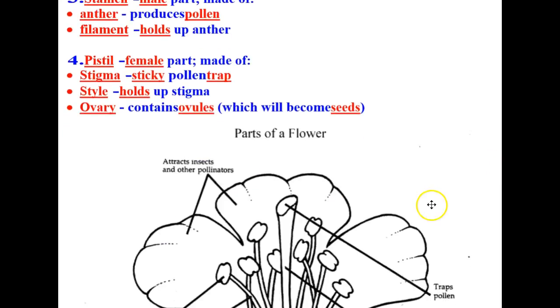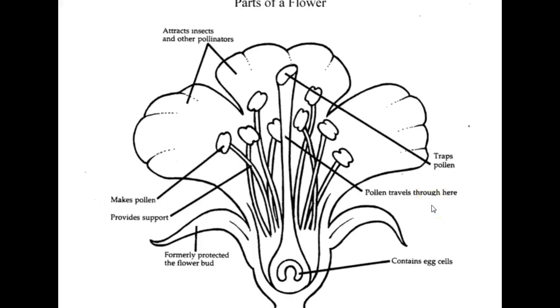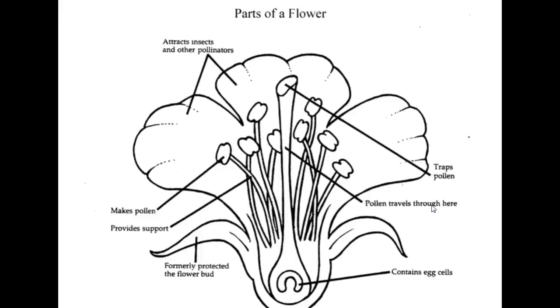All right, let's take a look at the parts of a flower diagram. There are some that are already labeled here and some that you should add to this diagram. And we start, of course, here with our petals. Down below here, as we mentioned earlier, these are the sepals, which protect the flower bud.